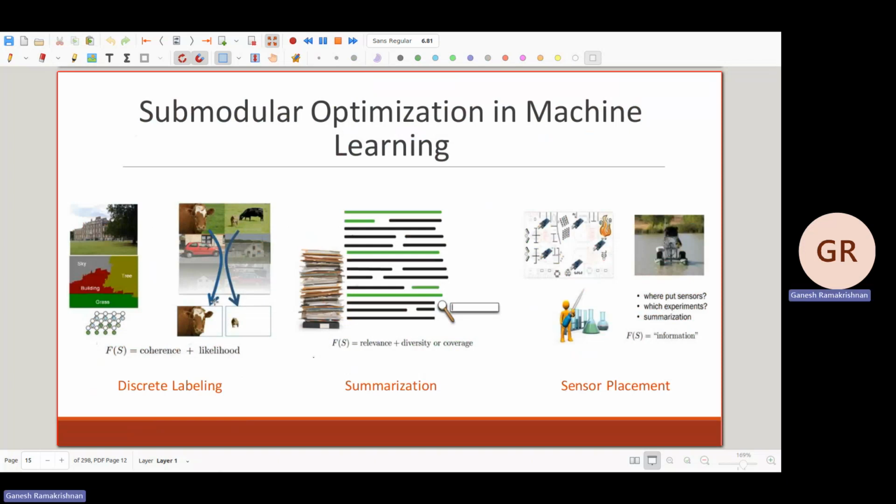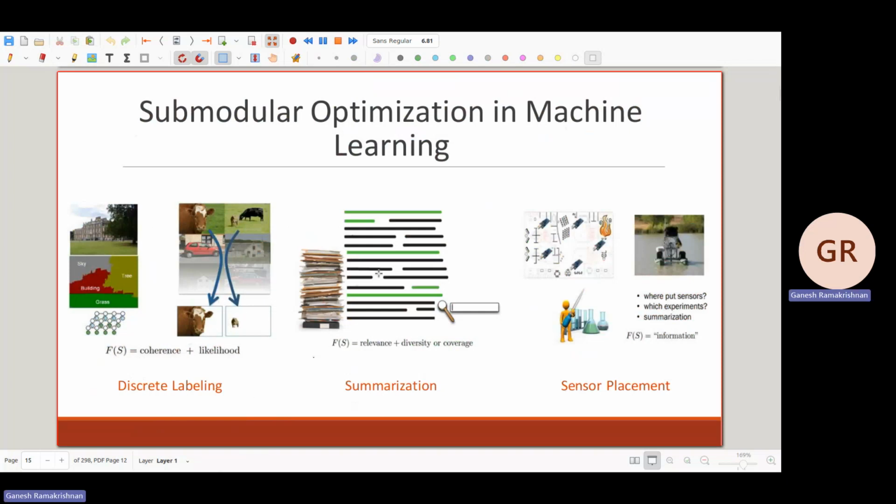So if you remember the image segmentation problem, it's kind of a submodular minimization problem. Right? But you can also look at likelihood. You see this graphical model. The moment I show graphical model, you think the segmentation is like a submodular minimization problem. So it's interesting from labeling perspective. But often you're also interested in diversity. Like the set of examples I want to show should be diverse enough, where submodular maximization becomes interesting.